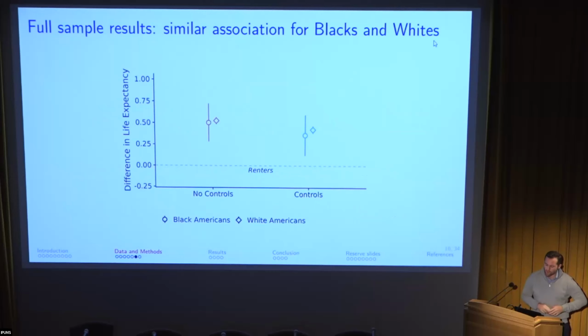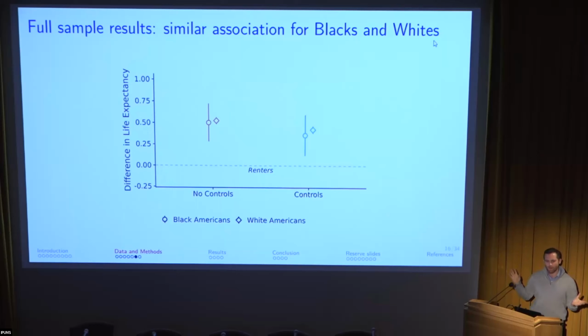The results here, on the y-axis, show the difference in life expectancy between homeowners and renters. This dashed line at 0 shows the adjusted life expectancy for renters. The orange circle shows, in our unadjusted no controls model, the difference in life expectancy for Black Americans who owned a home versus who rented.